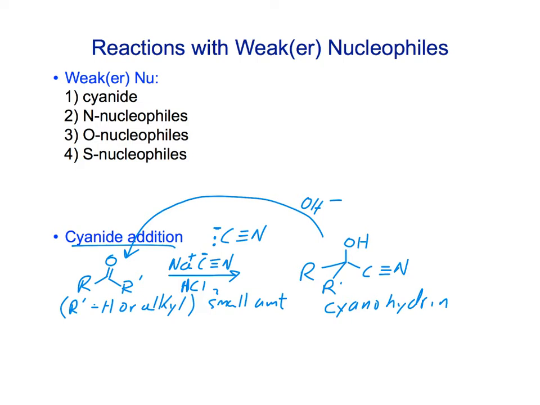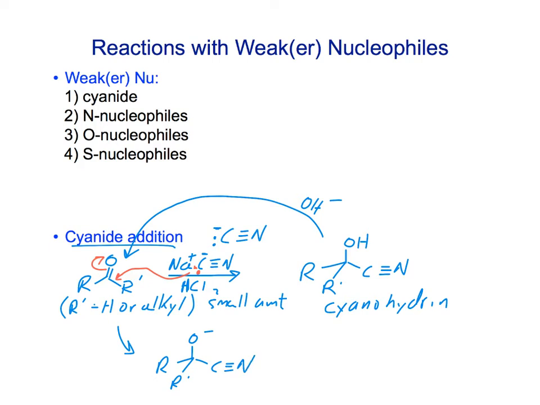The way that this works follows our normal pathway. This cyanide has a pair of electrons. It's going to attack the carbonyl carbon. We're going to go to a tetrahedral intermediate, O minus, with our cyanide.